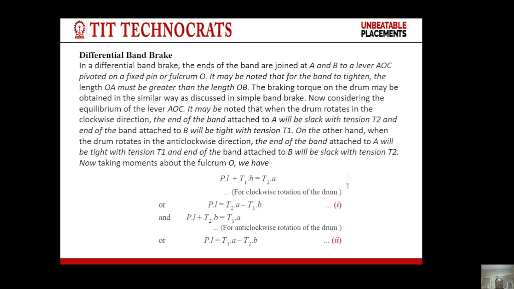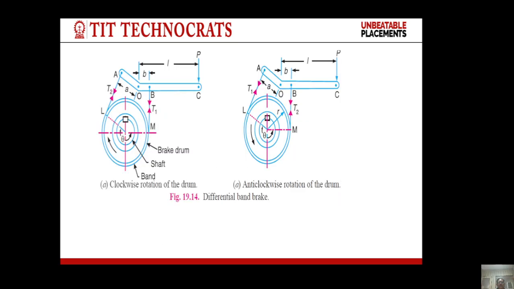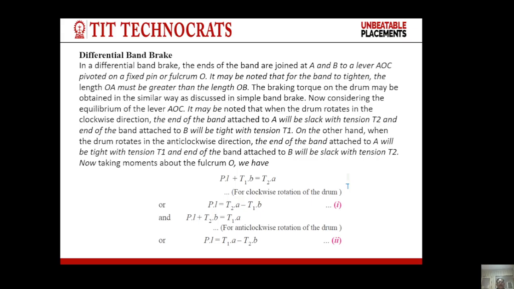Differential band brake. In a differential band brake, the ends of the band are joined at A and B to a lever AOC pivoted on a fixed pin or fulcrum O. This is the diagram of the differential band brake.